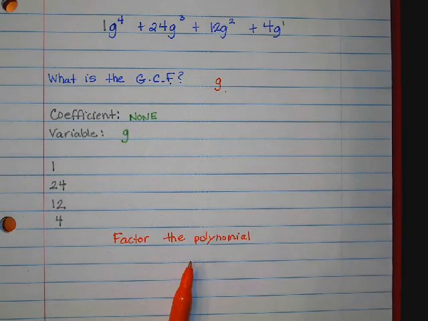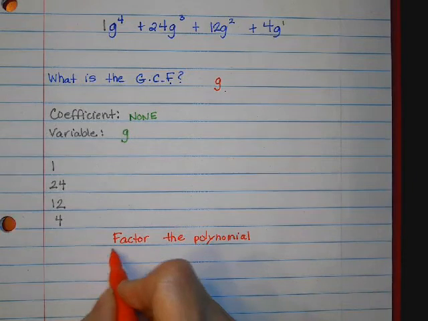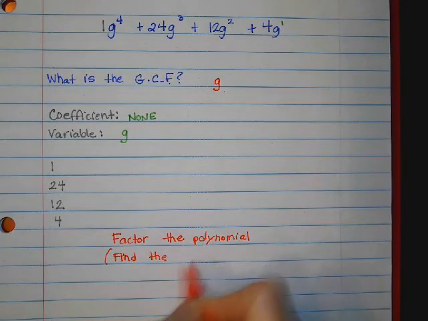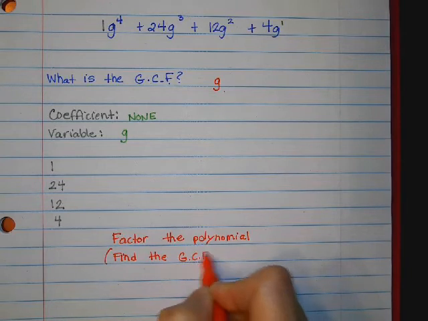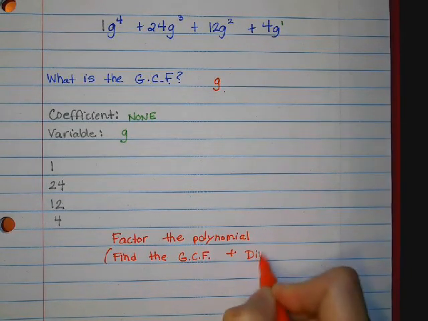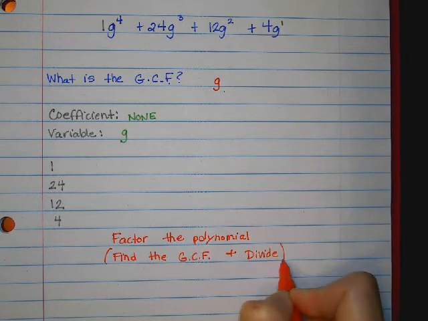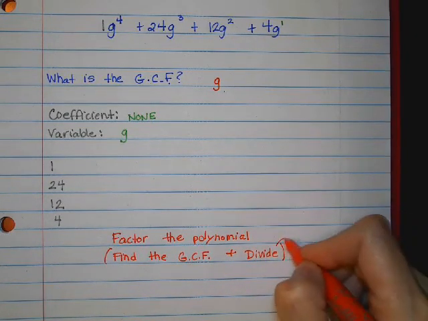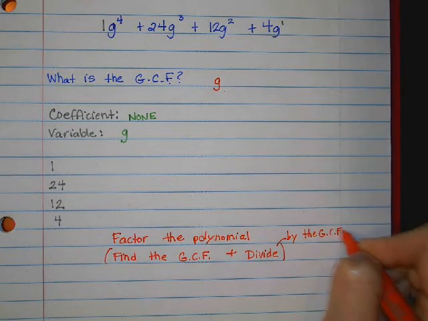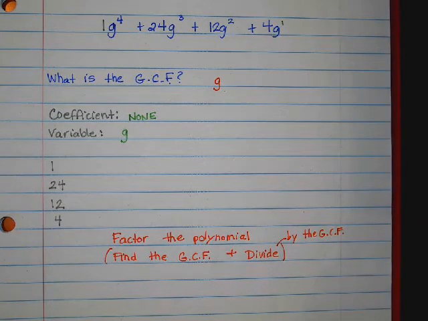So factor says they want you to find the GCF, and then they want you to divide by the GCF. So they're showing you to factor. Factor means pull out this. Tell me what you pulled out.